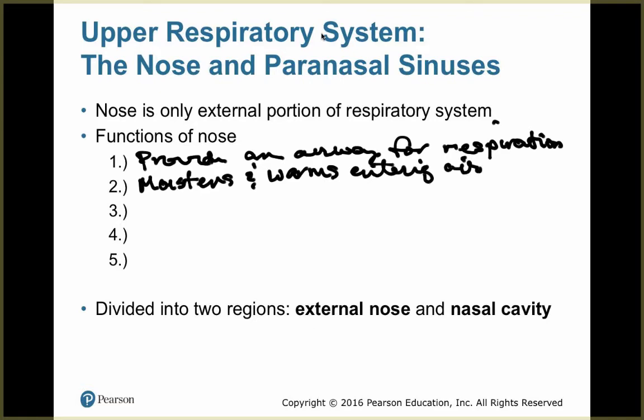It's going to serve as a resonating chamber for speech. So we're able to talk because of the dynamics that are within the respiratory system.